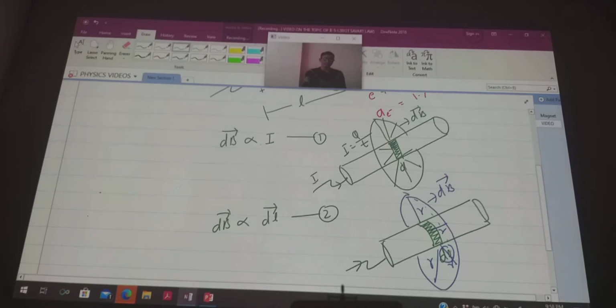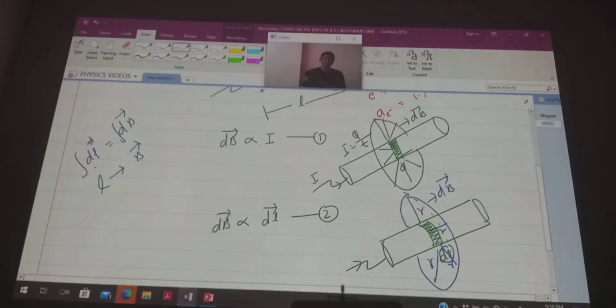When the length is L, the magnetic field will be B, all around the conductor perpendicularly, because dl is integrated, dB is also integrated.